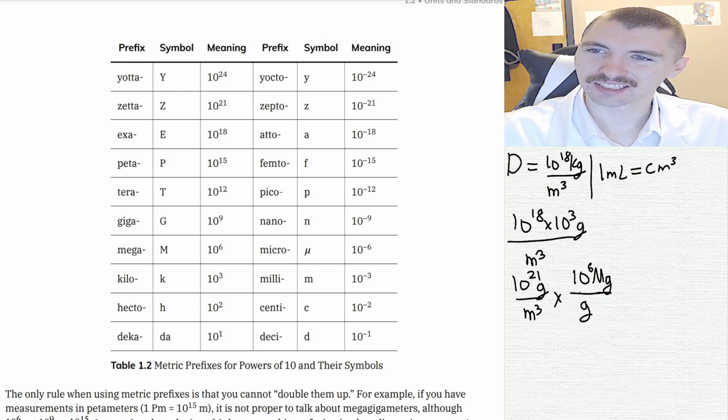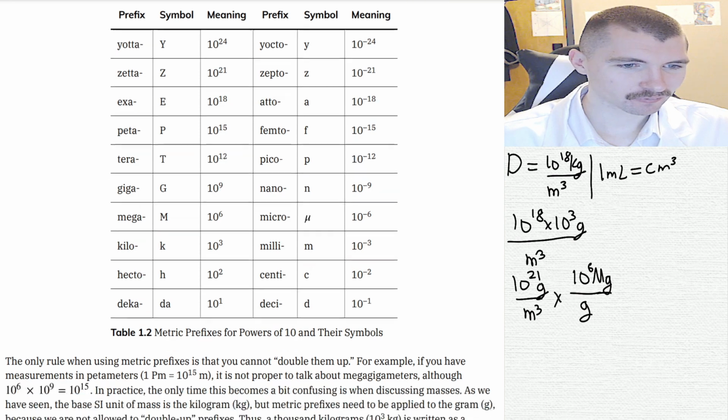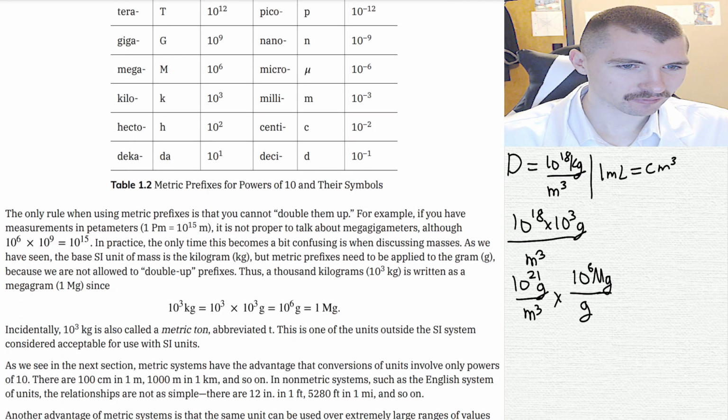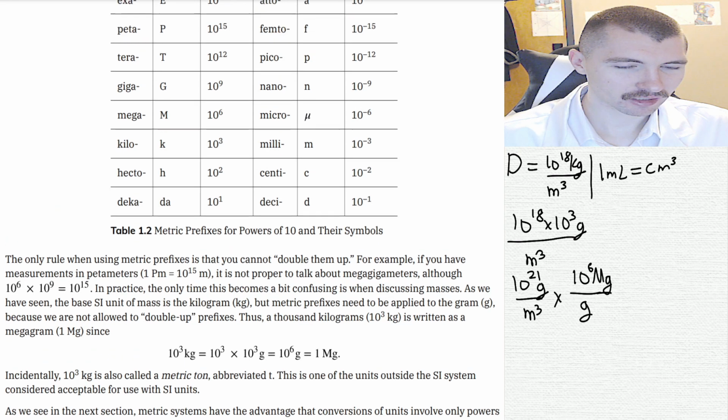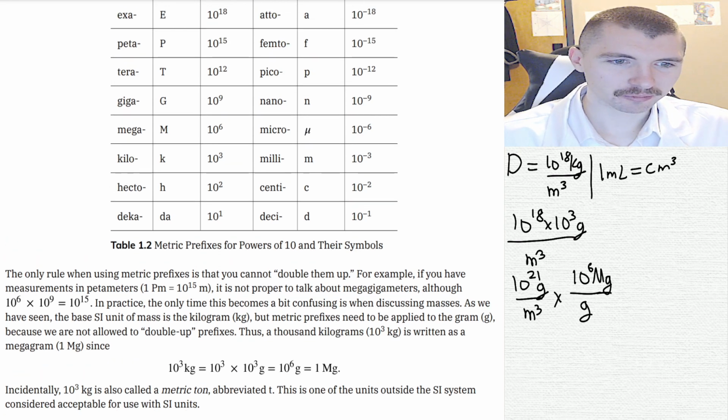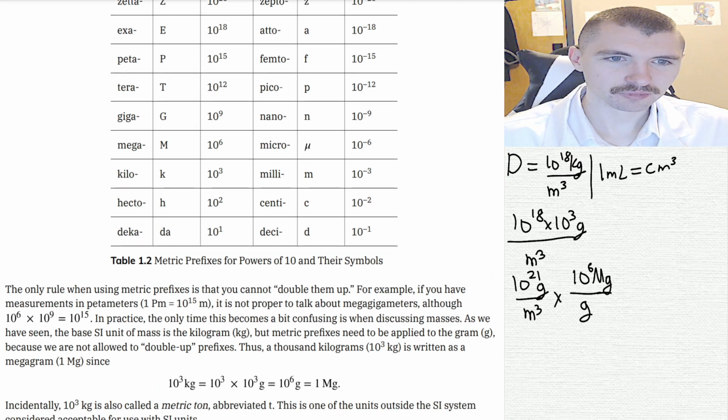Has to be right, I think. 1 kilogram is 10 to 3, 10 to the 6.